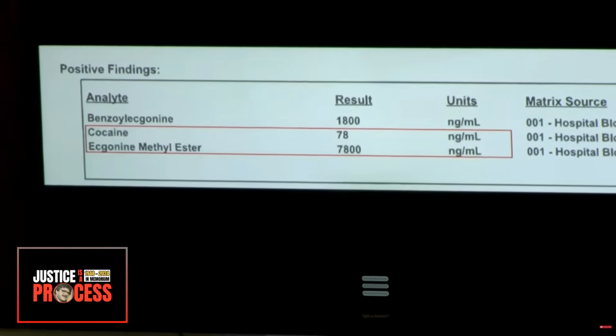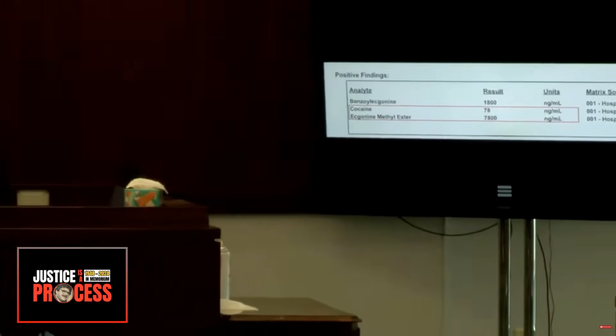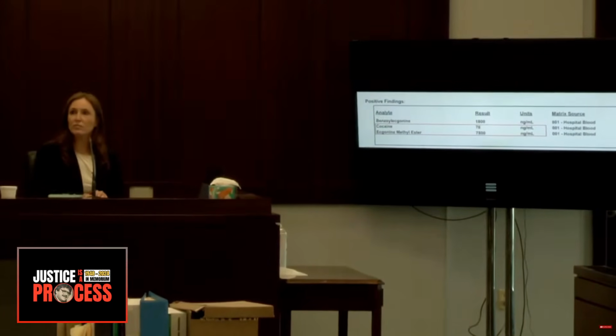I could not recall anything this high. What would a typical level be in an overdose where it's just cocaine, no other substances, that you were familiar with from your 300 cases? So I went back over the acute cocaine intoxications, and they're pretty much all under 1,000 nanograms per milliliter. Two or three were in the 1,000 to 2,000 range.